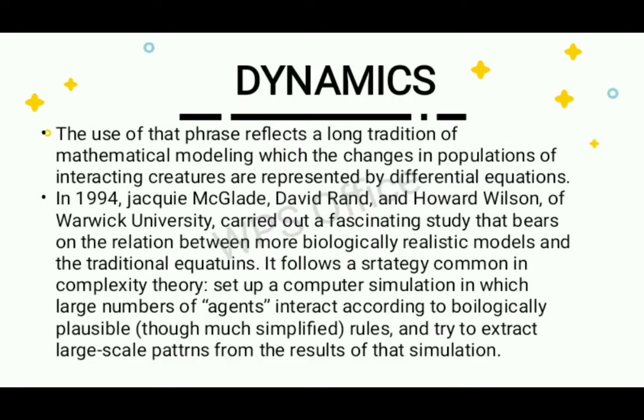Dynamics. The use of that phrase reflects a long tradition of mathematical modeling in which the changes in populations of interacting creatures are represented by differential equations. The pig and truffle system was an example. However, there is a lack of biological realism in such models, and not just as regards my choice of creatures.